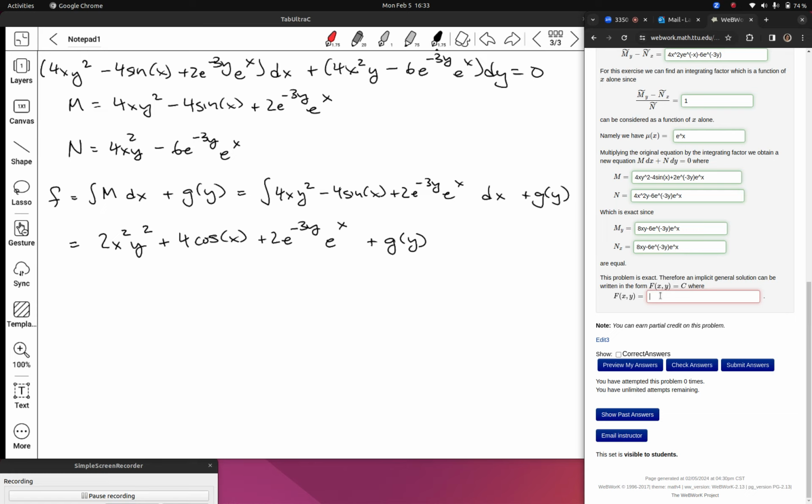So that means that my g is going to be f minus all that stuff, or g prime, which is a function of y, is going to be N minus the derivative with respect to y of all that stuff.